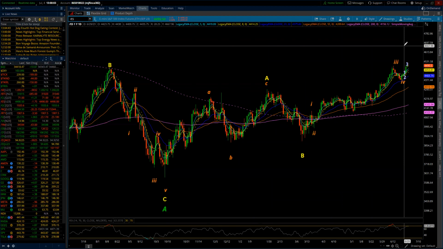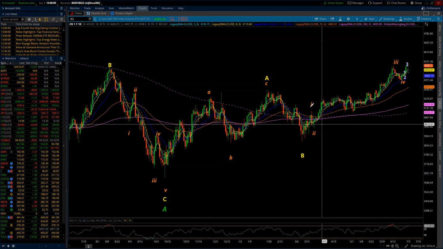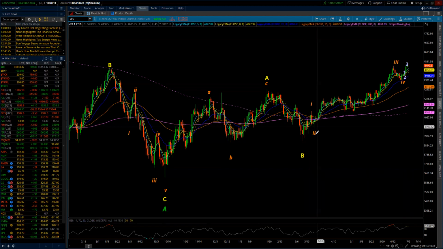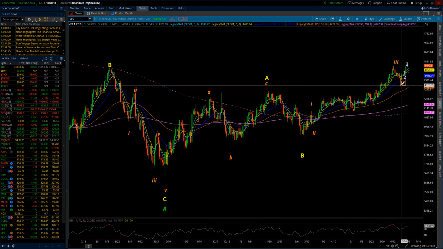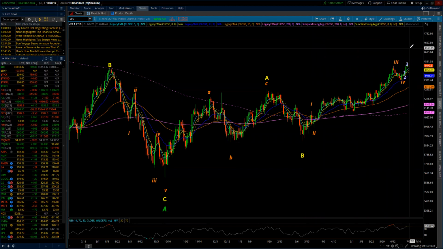What's going to be inside of that intermediate C wave rally? It's going to be 5 waves of minor degree, of which we have minor 1, 2, 3, and 4. We're in the minor 5th wave, inside this intermediate C wave, inside this primary B wave.